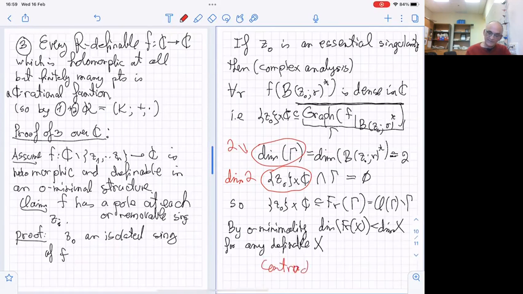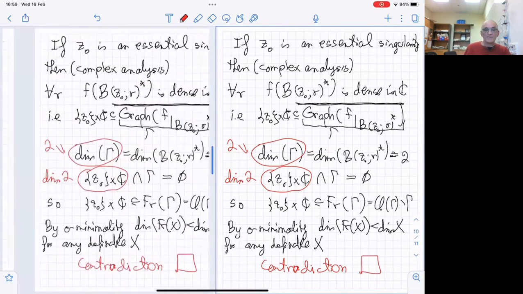And if there's anything that you want to remember from complex analysis in the o-minimal setting, it is this point, that you cannot have an essential singularity realized by a definable holomorphic function in an o-minimal structure. Okay, this is really the punchline of everything in some sense.